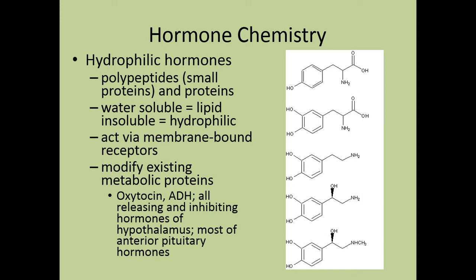Examples of hydrophilic hormones would be oxytocin and ADH from your posterior pituitary, pretty much all of the hormones of the hypothalamus, and most of the hormones of your anterior pituitary are hydrophilic protein-based hormones. And there's others as well across the body.